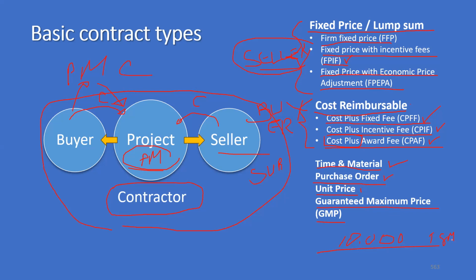You show the timesheets, and then you get paid till 10,000, and whatever cost goes beyond this 10,000 has to be borne by the supplier or the contractor. So till 10,000, the buyer will pay, and anything above 10,000, the contractor or the seller must pay. That is guaranteed maximum price, GMP.